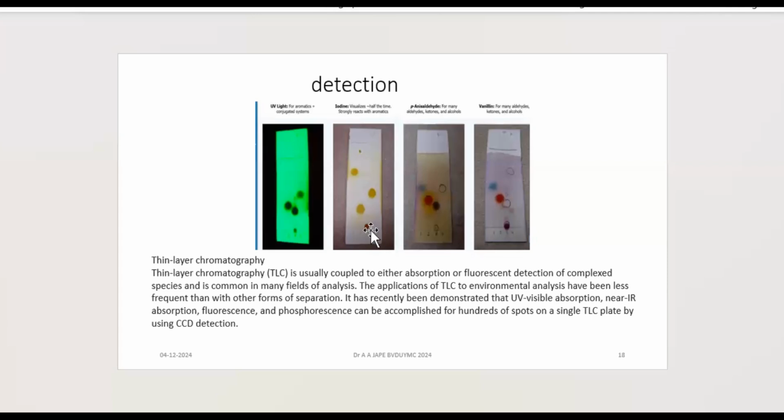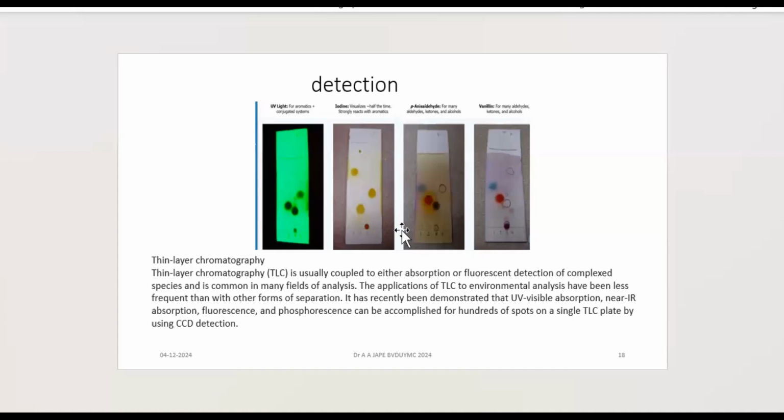In the second, we talked about the iodine vapor, which is more commonly efficient for unsaturated compounds to be investigated. So that is the second method. Third is spraying the plate with a specific color agent, as I said, for example, ninhydrin to locate the amino acids and peptides.